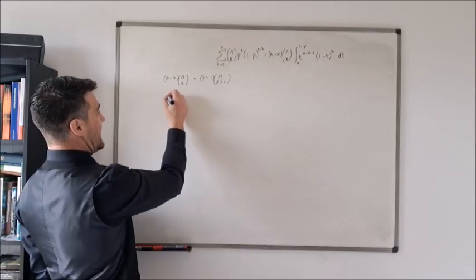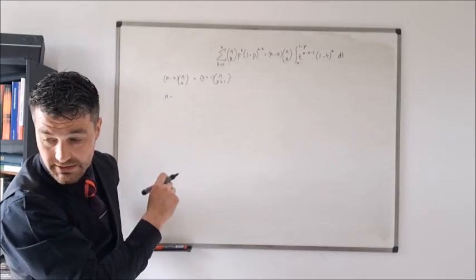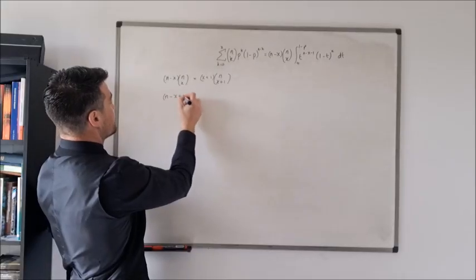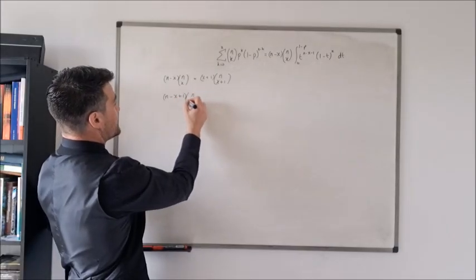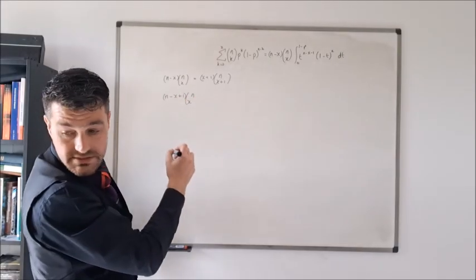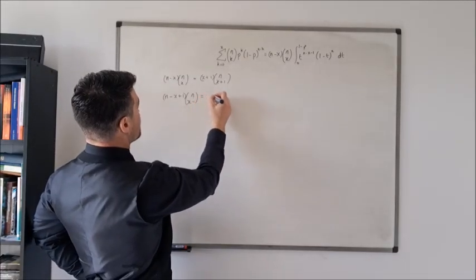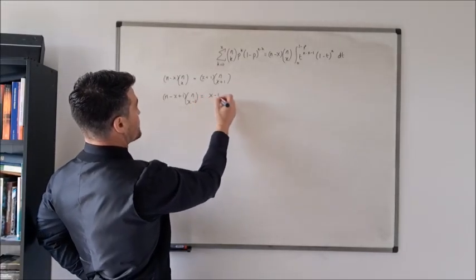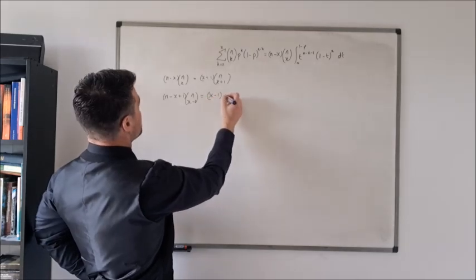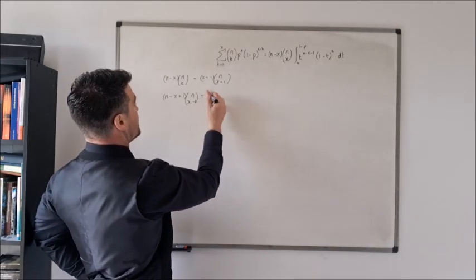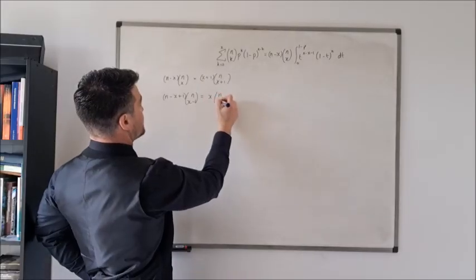We've also got n minus x plus 1 times n choose x minus 1 is equal to x times n choose x.